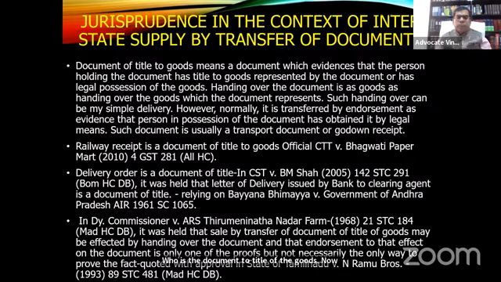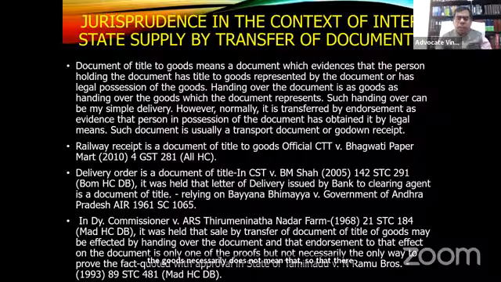Now, various documents have been considered to be documents of title to the goods. For example, railway receipt has been considered to be a document of title to the goods. Delivery order is considered to be a document of title to the goods. Here, the transfer of the document of title to the goods necessarily does not mean that there should be an endorsement on such document by the buyer.